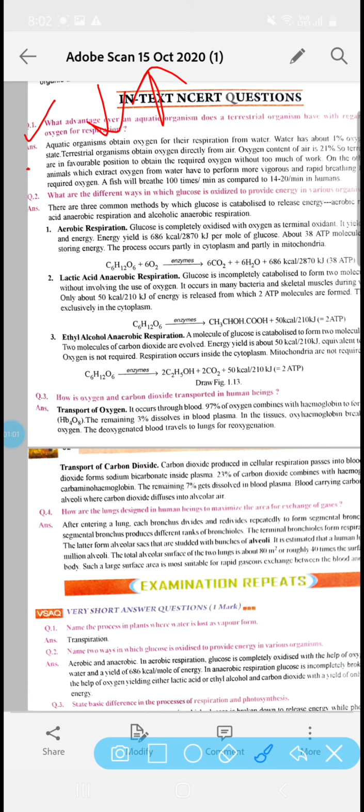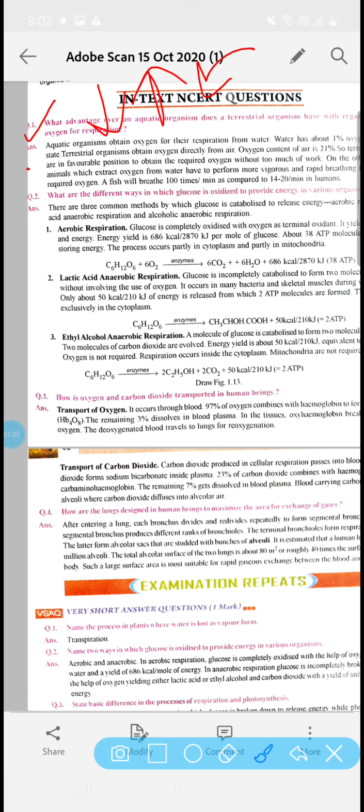But on the other hand, if we talk about the terrestrial animals, they take up the oxygen directly from the air, and we know that the amount of oxygen in the air is quite high as compared to the aquatic environment. So in the terrestrial animals, the rate of respiration is quite low.